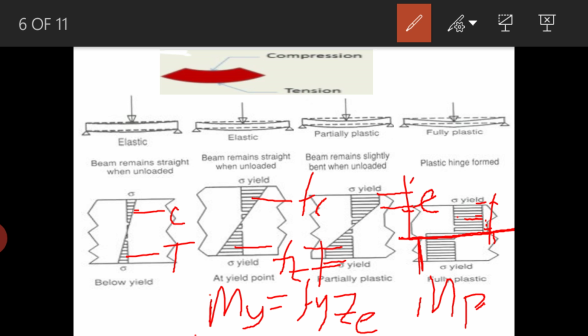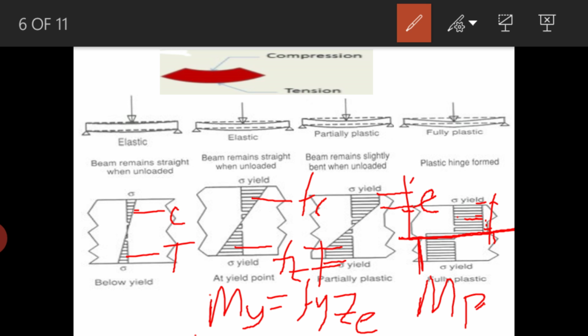In the first and second stages, we called the moment carried by the beam the elastic moment. In the third stage, we called it the elastoplastic moment. And in the fourth stage, we are calling it the plastic moment.